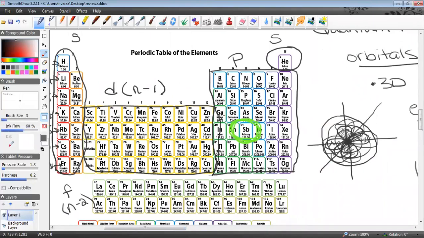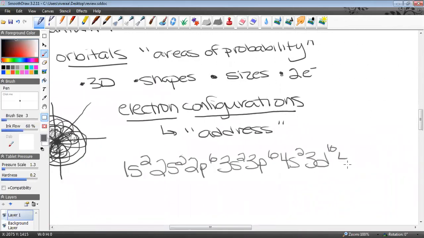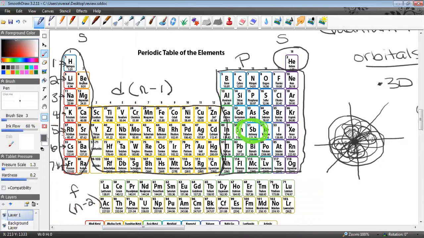Now, back in the P block, the energy level is 4 again. So 4p, 1, 2, 3, 4, 5, 6. 4p6. Almost there. Keep reading until we get to that element. Now we're in the fifth energy level. So this is going to be 5s2, 1, 2 electrons.